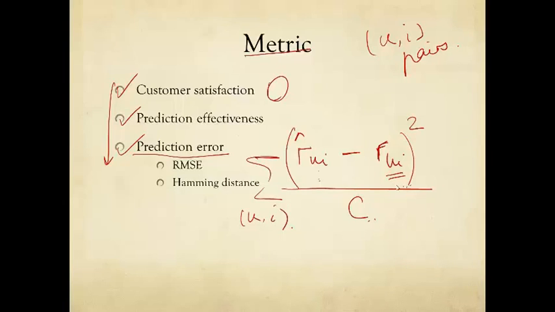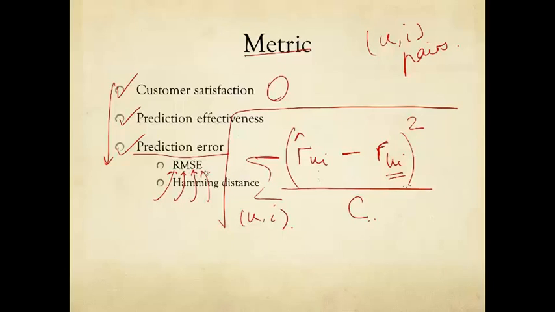But since you squared things, you actually changed the scale. To bring the scale back down, people often put a square root, and that is the so-called root mean squared error, RMSE.